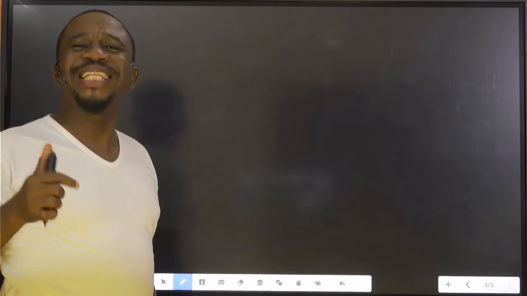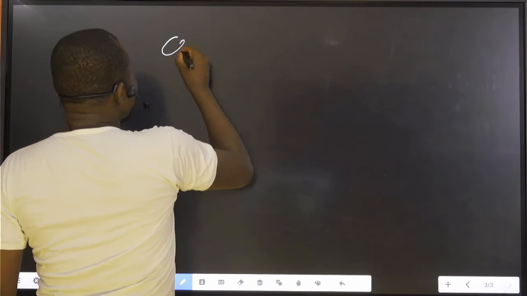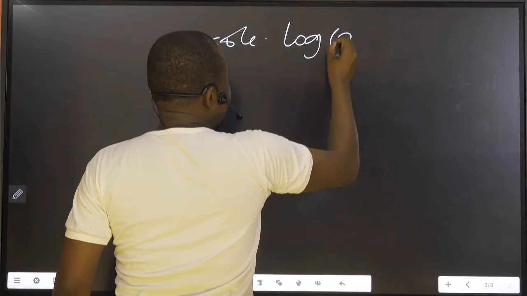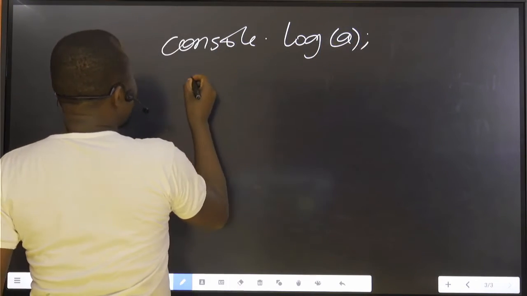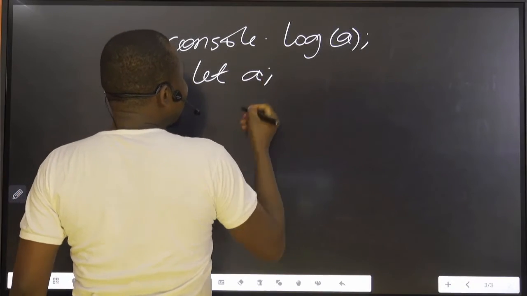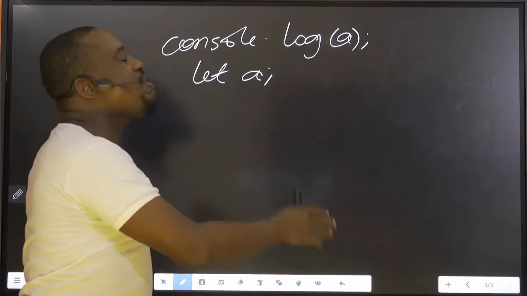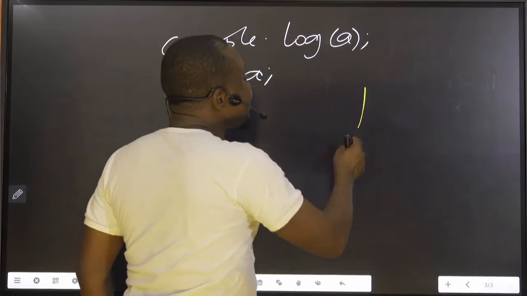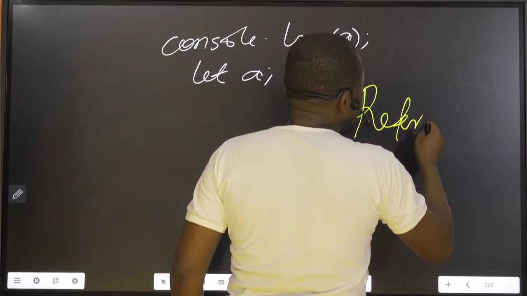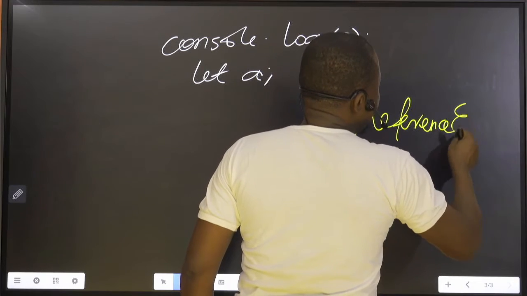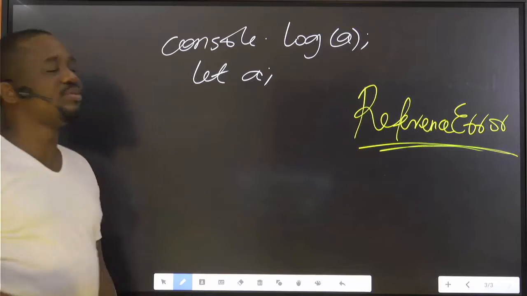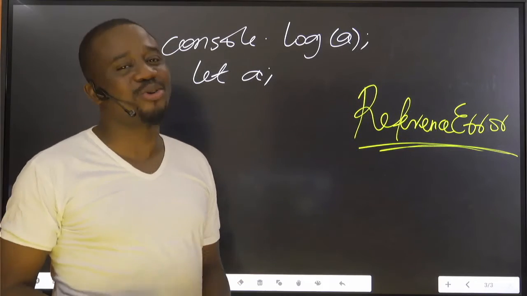Look at the behavior with let. We say console.log a, then we say let a. This will give you error. What type of error? Reference error. That is what this will give to you. Why is it giving us error?